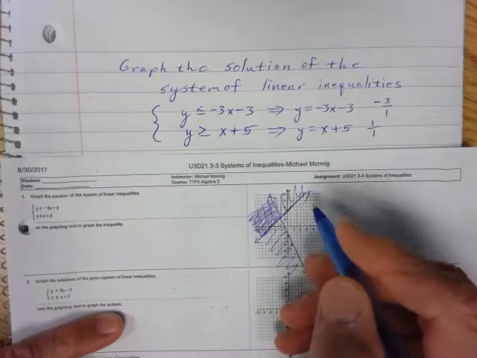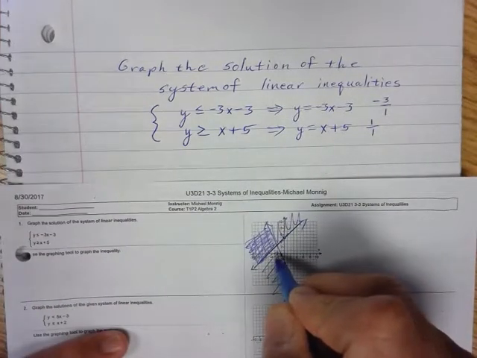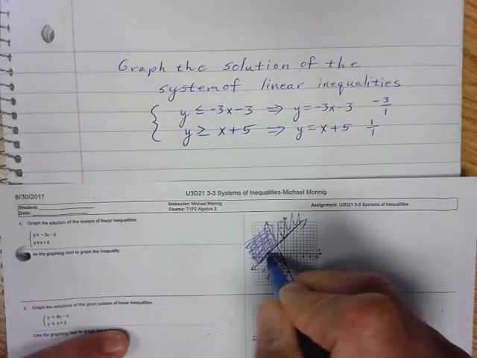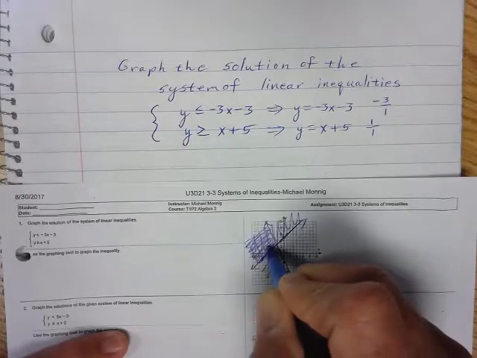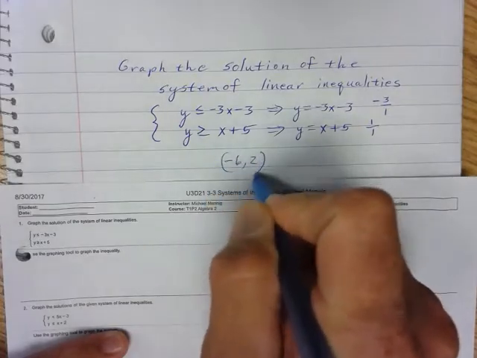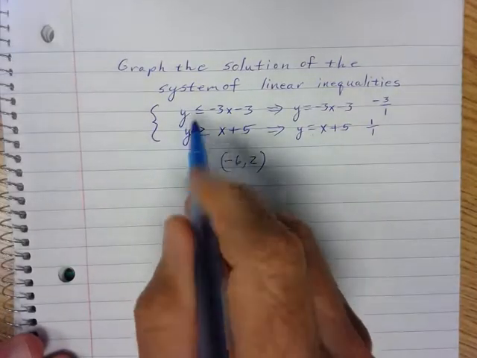Now, you want to check a point. So let's go back to a point that's in this area, and that would be negative 6, 2. So let's check the point negative 6, 2, and see if it's correct for both of these inequalities. 2 goes in for y.